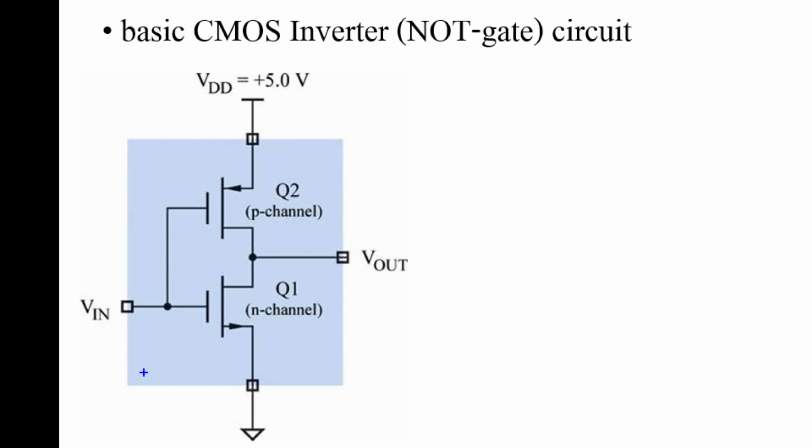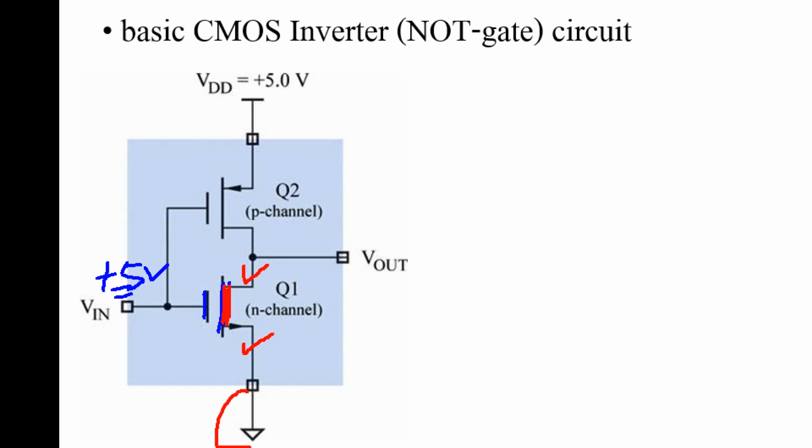This one and this one are controlled oppositely. Namely, if you want this transistor Q1 to conduct current, you must apply positive voltage at this terminal. This one is the gate. After you apply positive voltage, the N channel will be generated, and then it shorts between this and this.